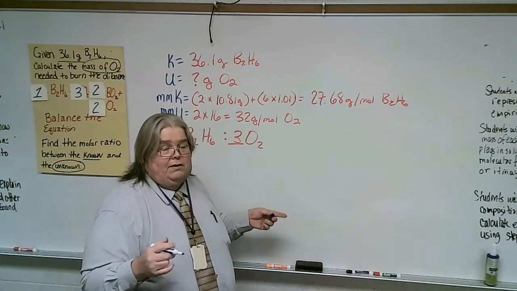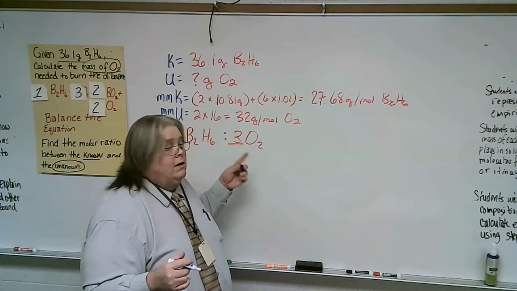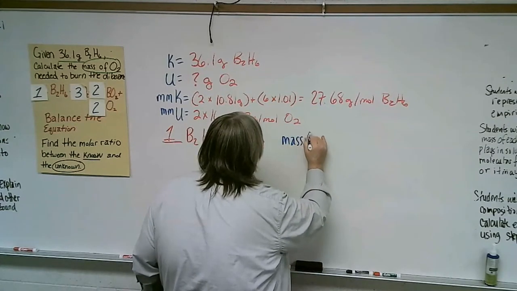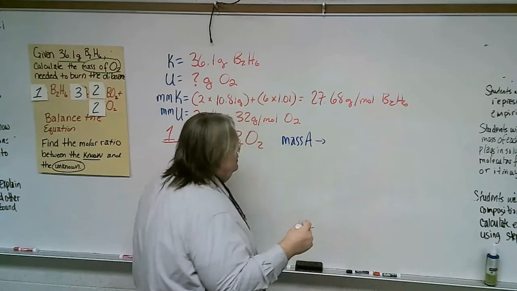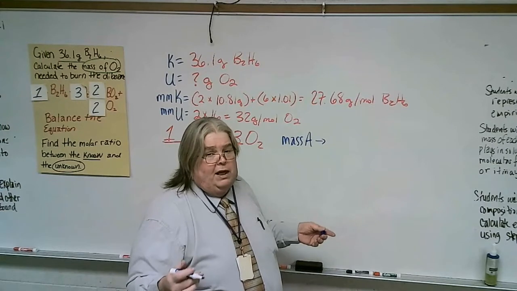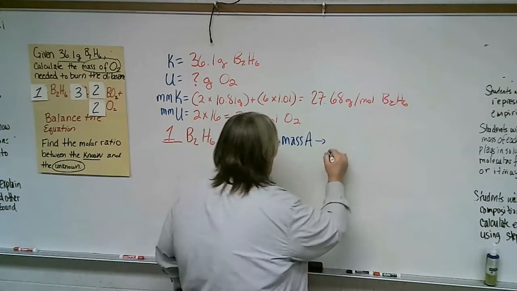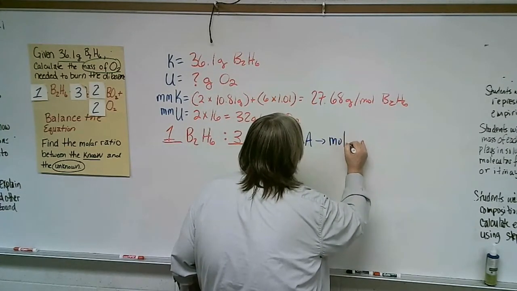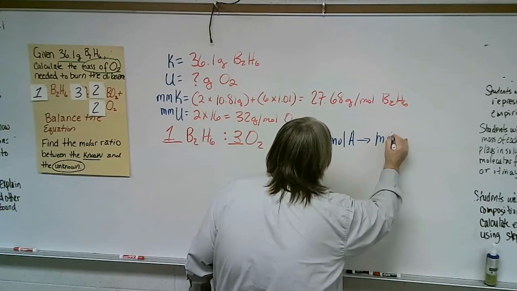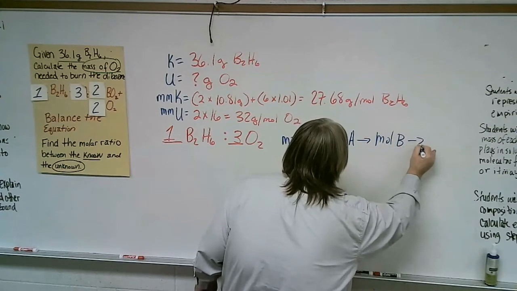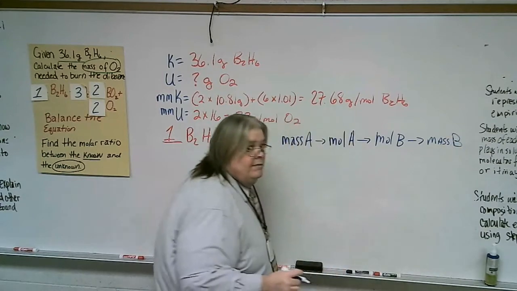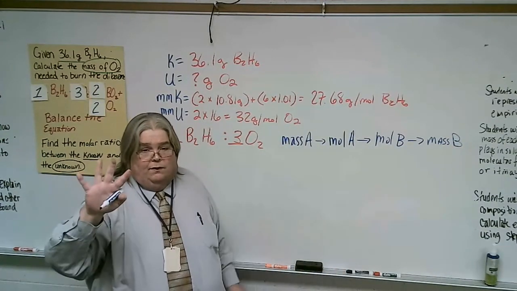We just need to figure out our logic path. We're going from the mass of A to the mass of B, which is unknown, but we can't go straight there. So we have to go mass of A to mole of A to mole of B to mass of B. That means 4 steps.